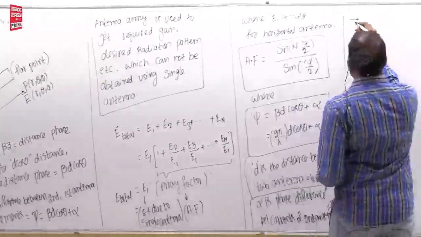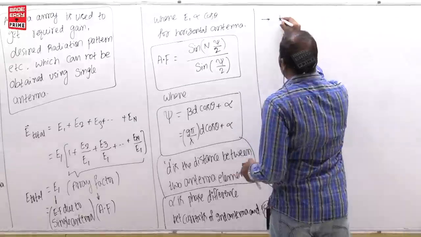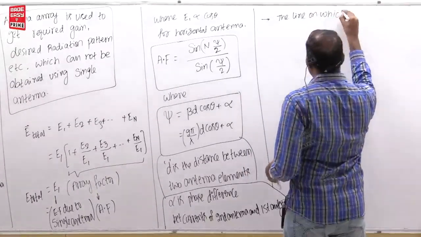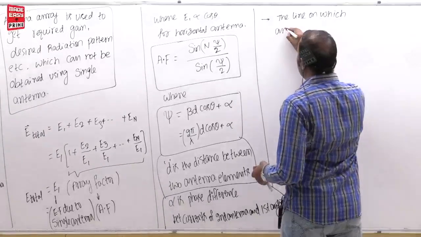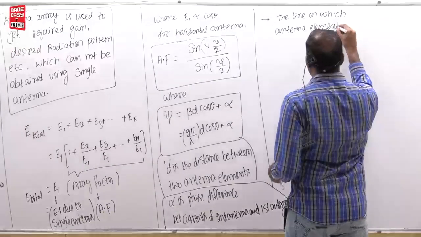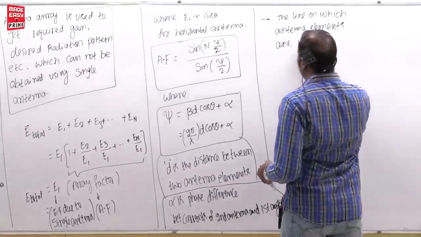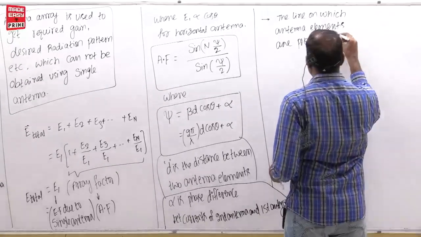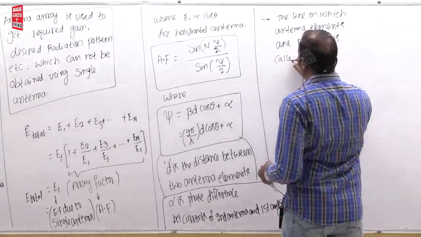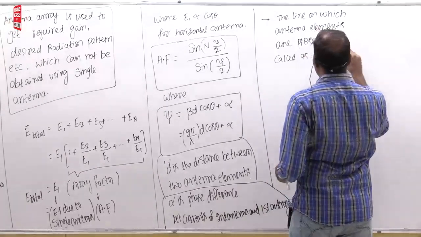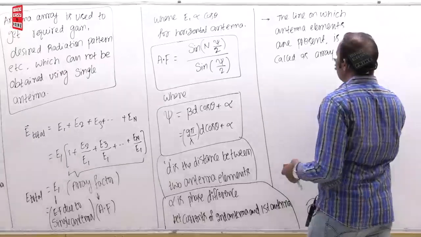First I will write like this. The line on which antenna elements are present is called as array axis.